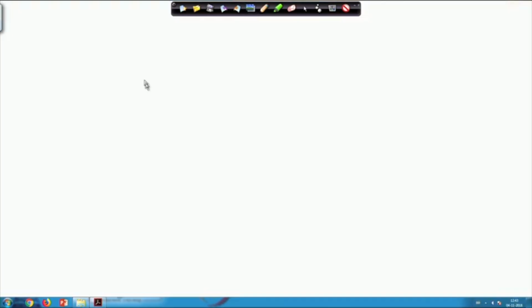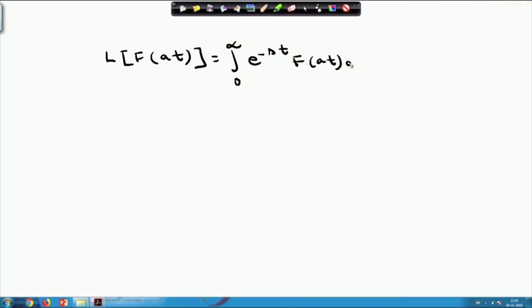For the proof of this one, we will start with the Laplace transform of f of a t. This is equal to integral 0 to infinity e power minus s t f of a t dt. From the definition, I can always do it.